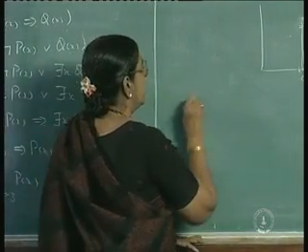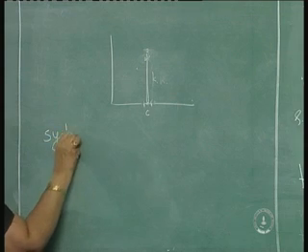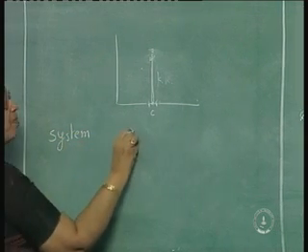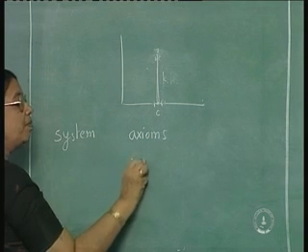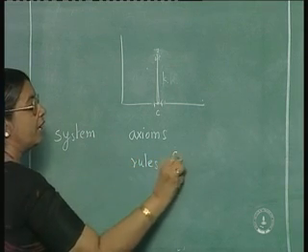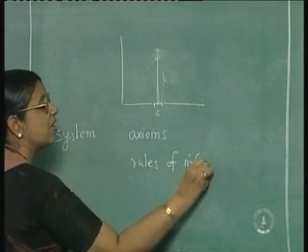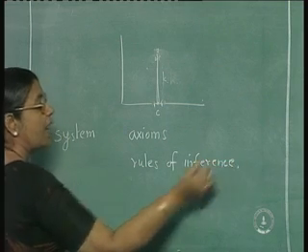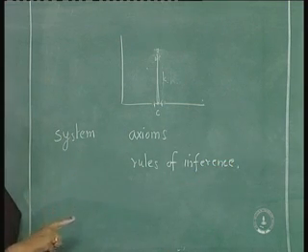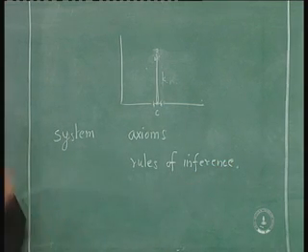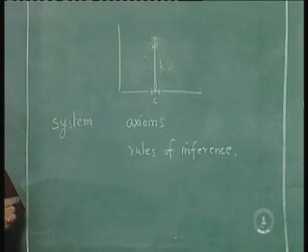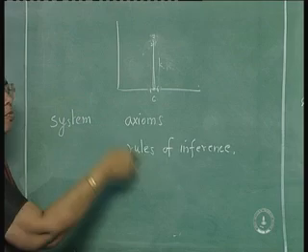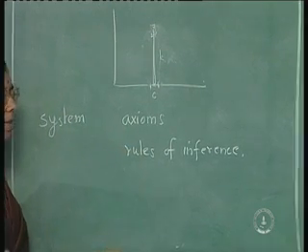So, for any system you have some axioms and you have some rules of inference, and starting from axioms and rules of inference, you try to derive more true statements about the system.